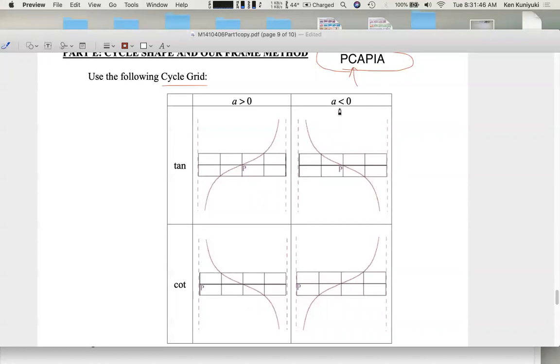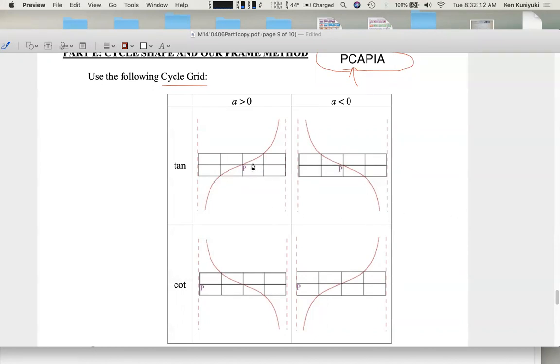But if A is negative, then we flip. So tangent goes from rising to falling, and cotangent goes from falling to rising. So basically, for tangent and cotangent graphs, we're either going to get a rising snake going tic-tac-toe through these three key points, or a falling snake going tic-tac-toe through these three key points.